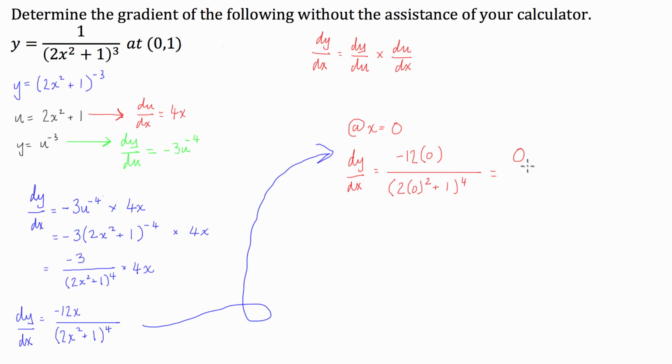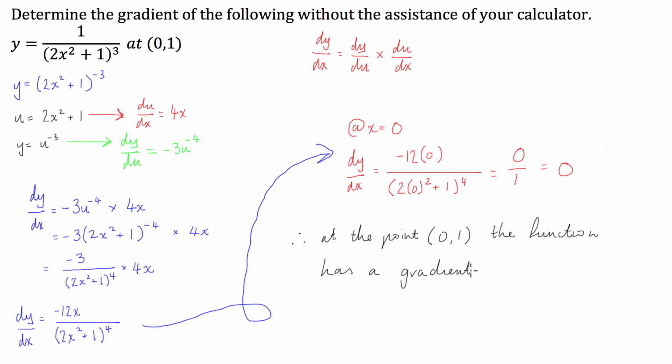This will all be 0 plus 1 all to the 4, which is just 1. So what we can then write is, therefore, at the point 0, 1, which is what they've given us up the top, the function has a gradient of 0.